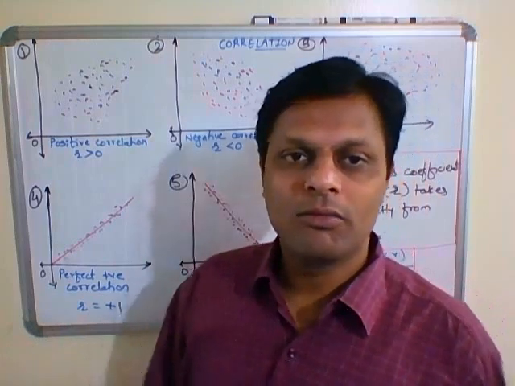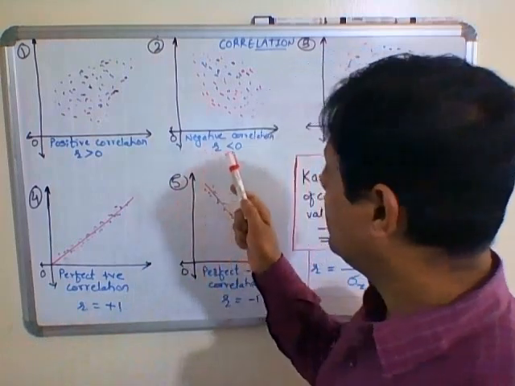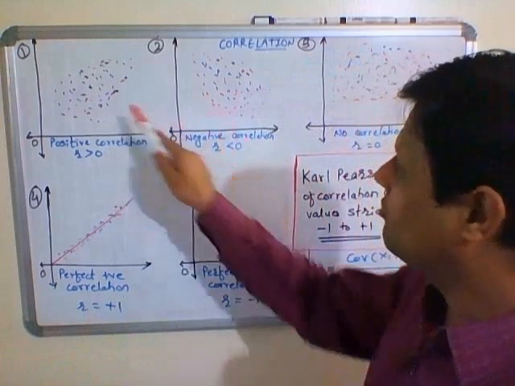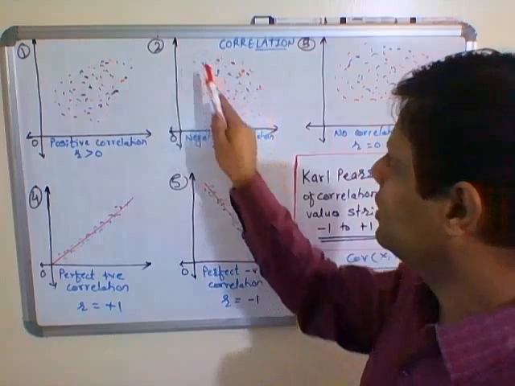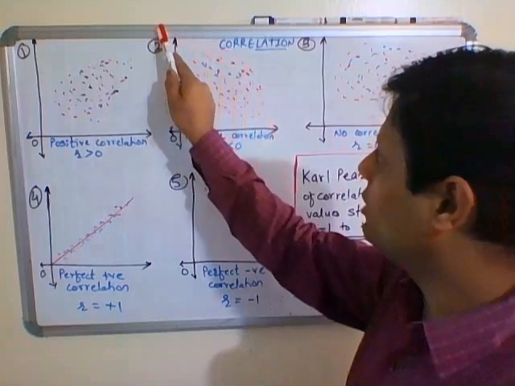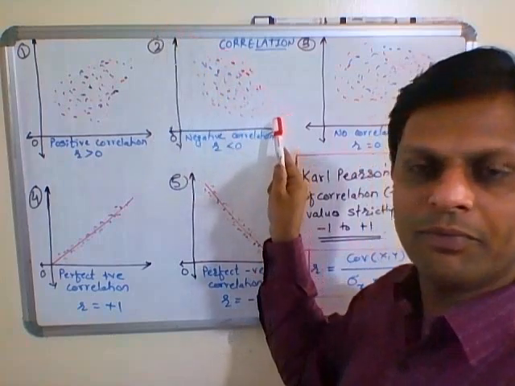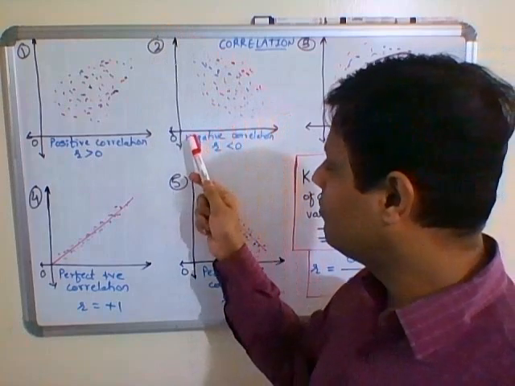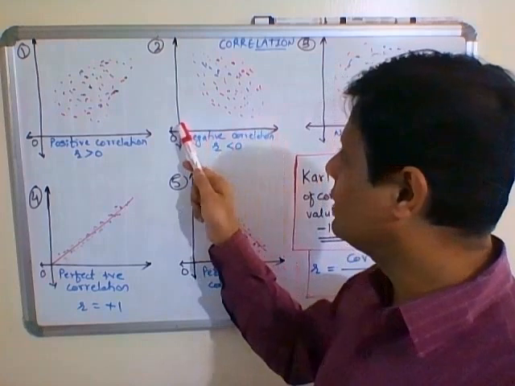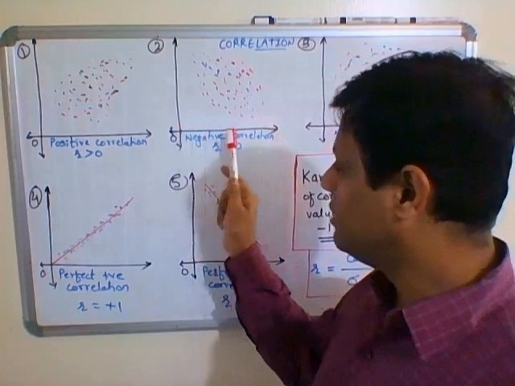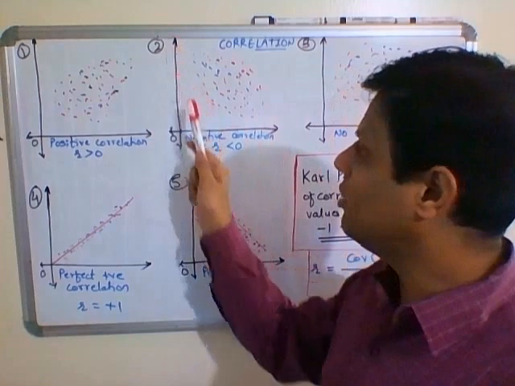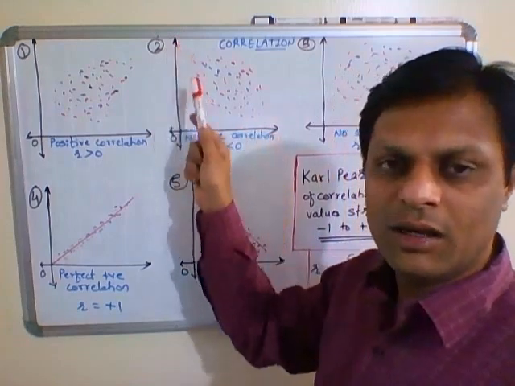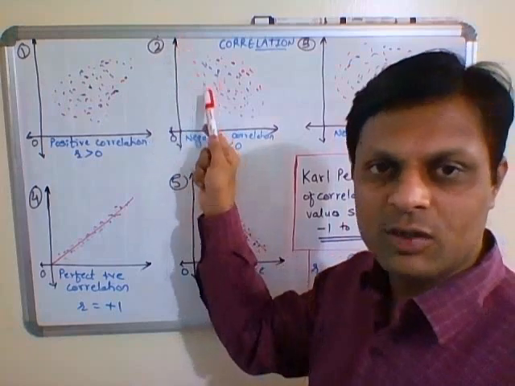Okay, if you consider the second graph, you will find a similar kind of plot, but in reverse order. That is, it is decreasing from left top to right bottom. If the demand of the commodity increases, the price goes down.